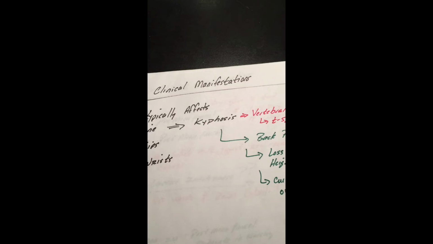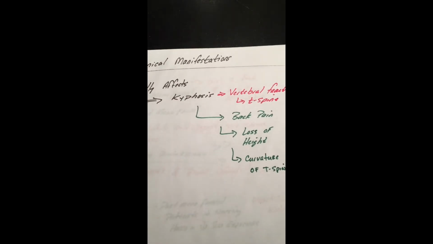So as the patient gets older, patients that suffer from large amounts of kyphosis or a large curvature of that T-spine, one of the complications that these patients run into are pneumonias, because they can't take those deep breaths in. So that's another lecture, but make sure that you're aware of that.